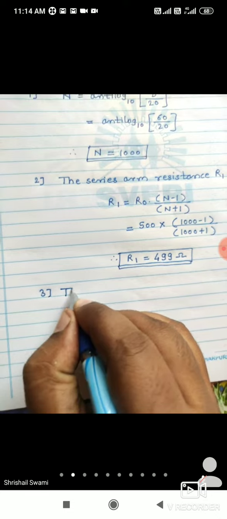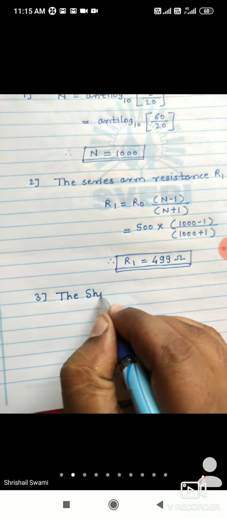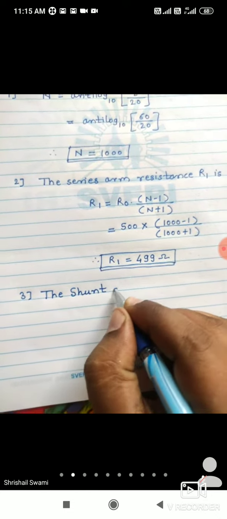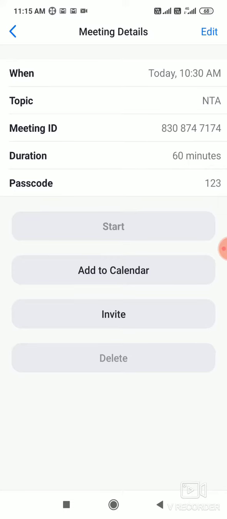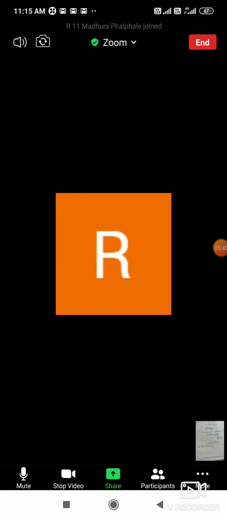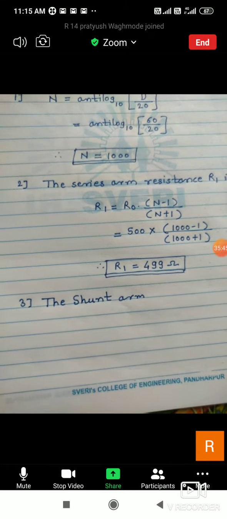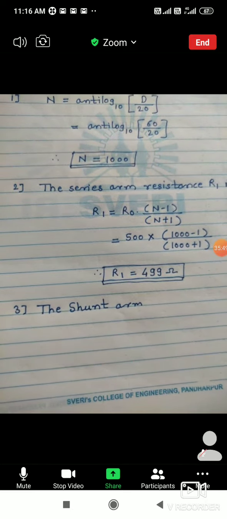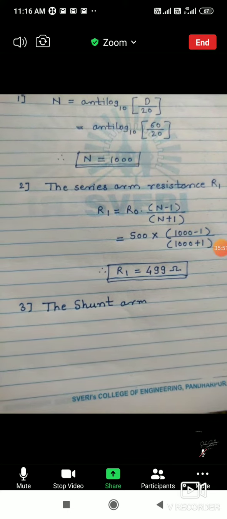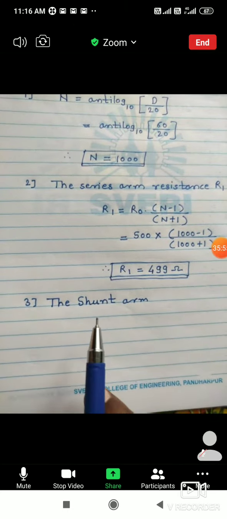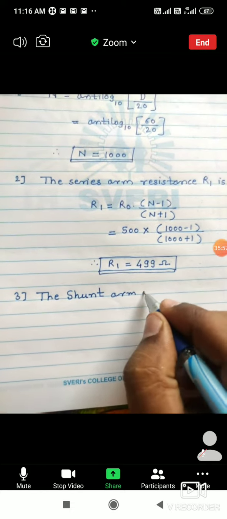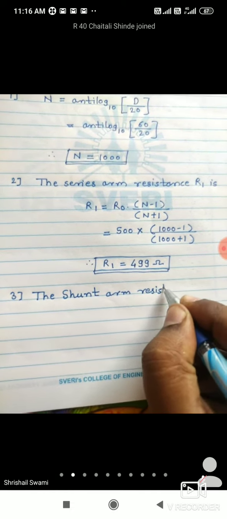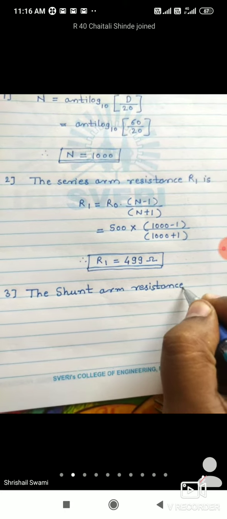499 ohm. Next, third one, the shunt arm resistance R2.